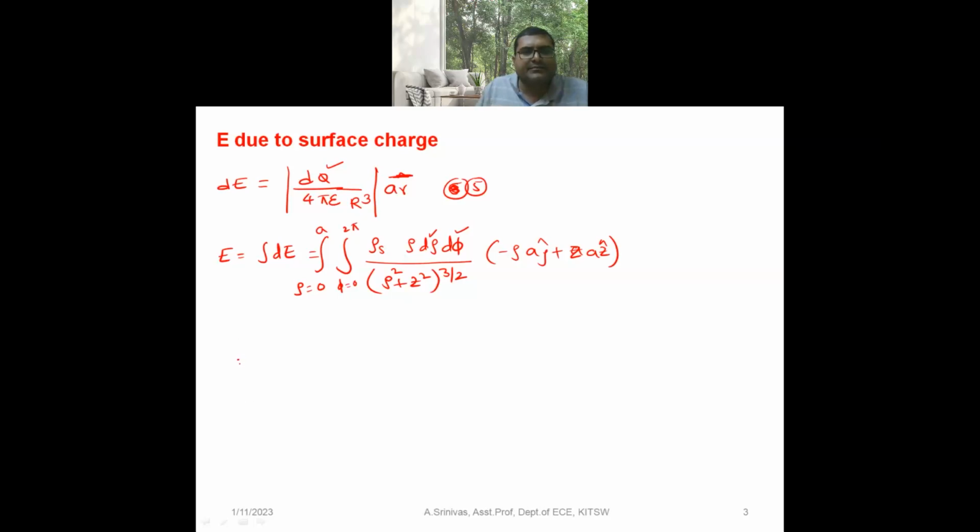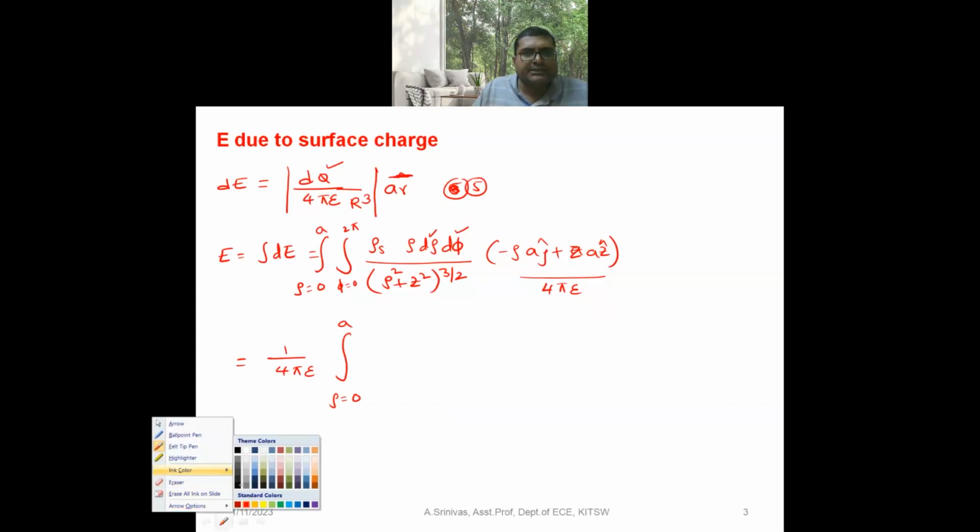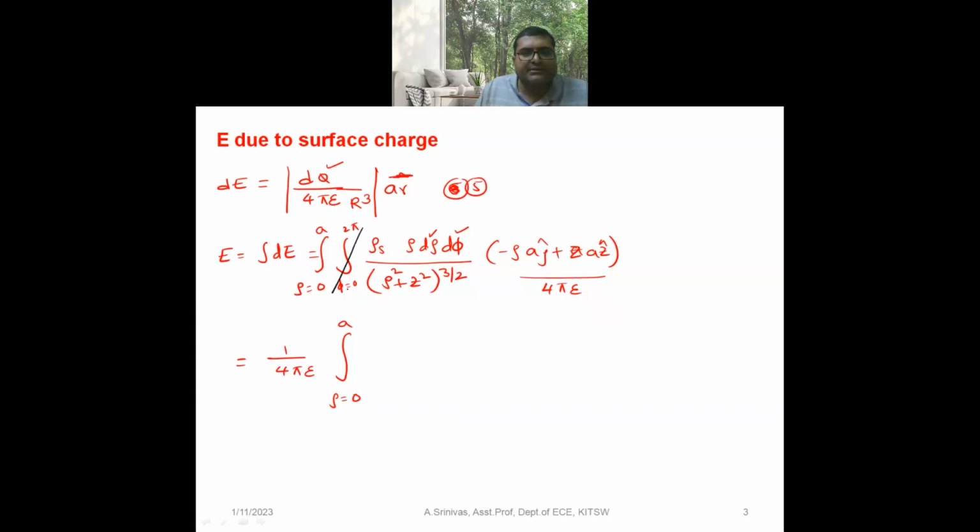Now this can be once again simplified as 1 by 4 pi epsilon naught, rho is from 0 to a. The integration of phi from 0 to 2 pi, d phi is equal to 2 pi.